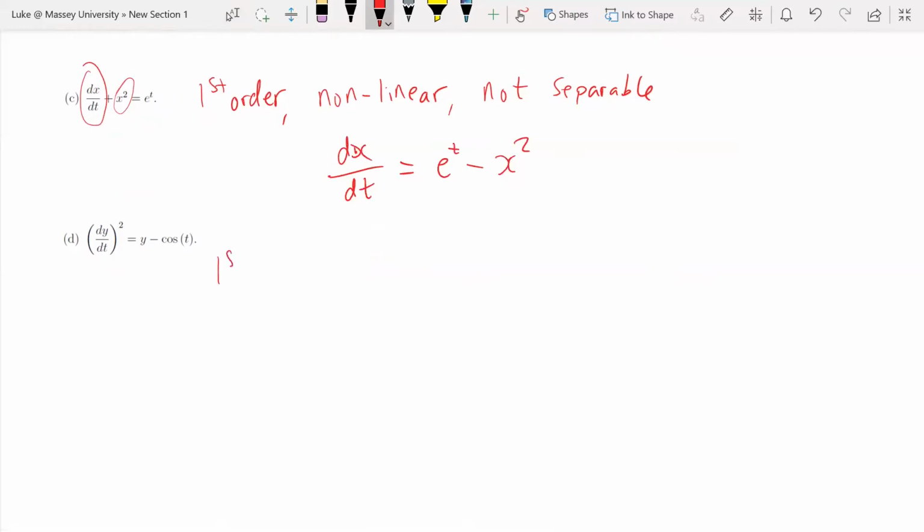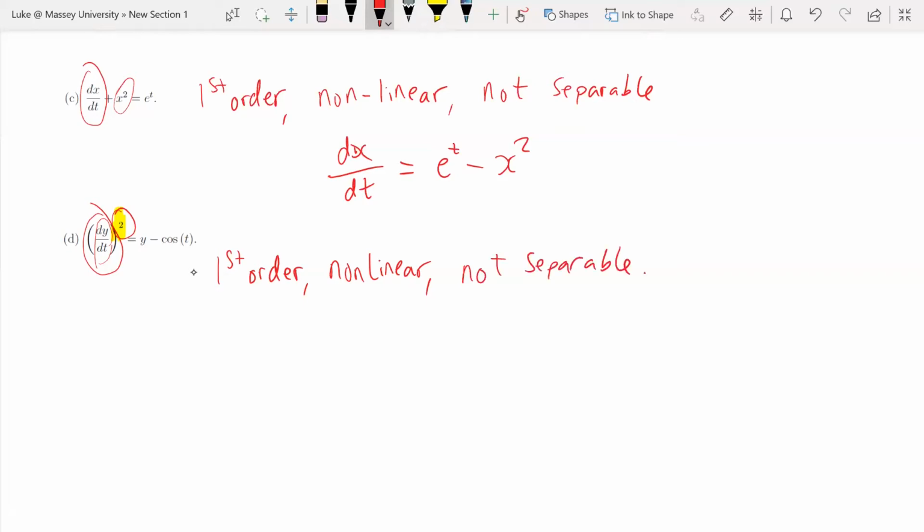Okay, so this next question, question D here, is also first order, because the only derivative is dy by dt, a first derivative. It's nonlinear, of course, because dy by dt itself is squared, so because we're squaring the derivative of y, it's nonlinear. It's also not separable.